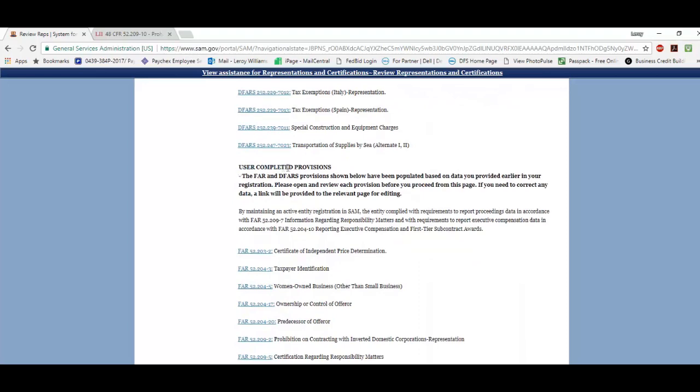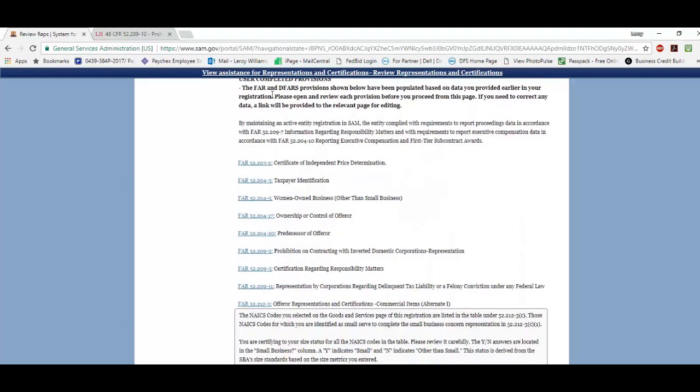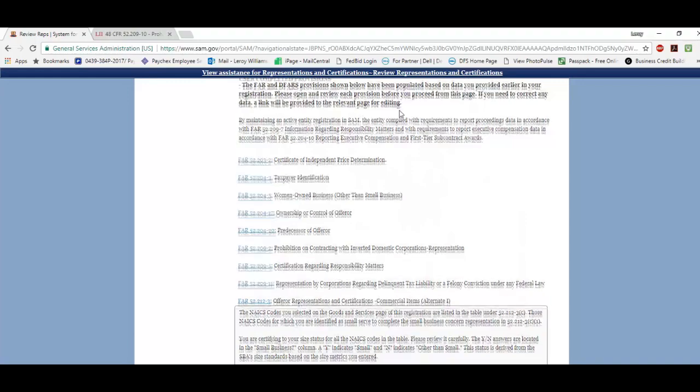These are now user-completed provisions. The FAR and DFAR's provisions shown below have been populated on data you provided earlier in your registration. Please open and review each provision before you proceed from this page. If you need to correct any data, a link will be provided to the relevant page for editing.